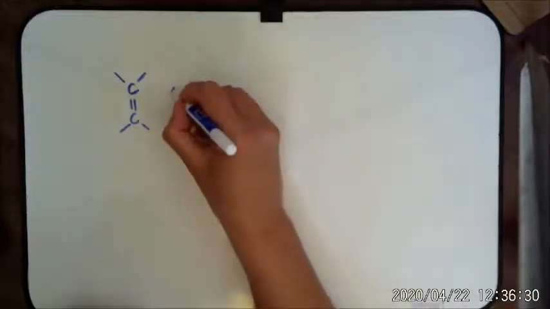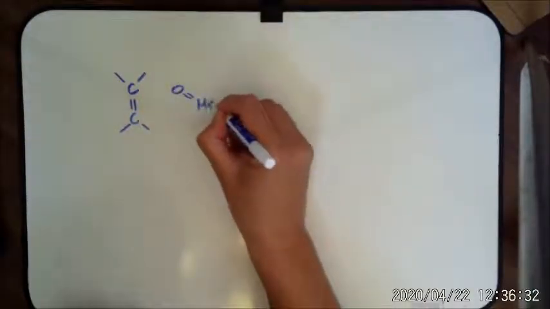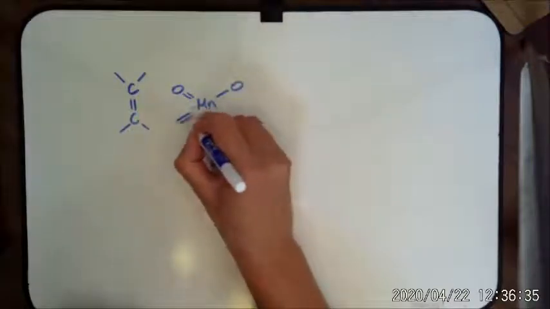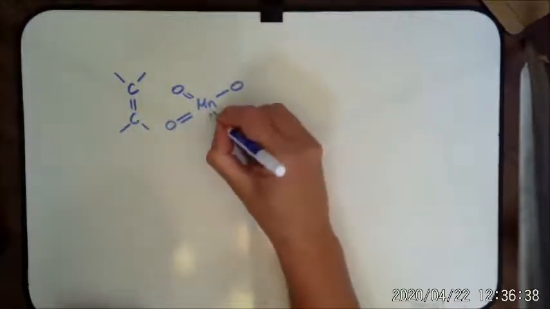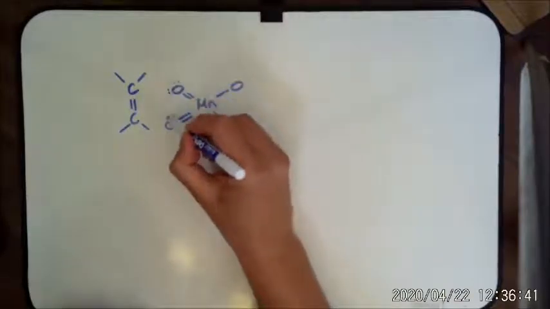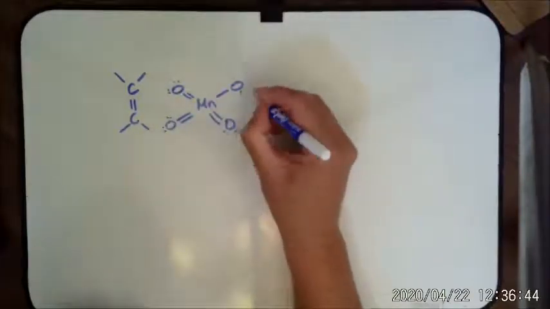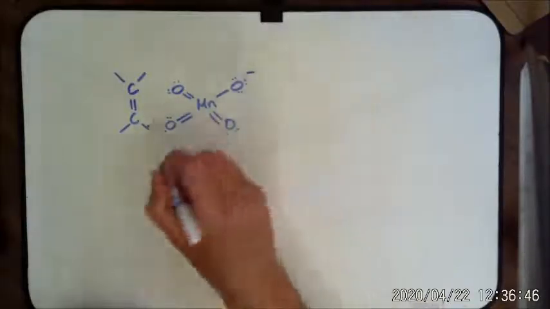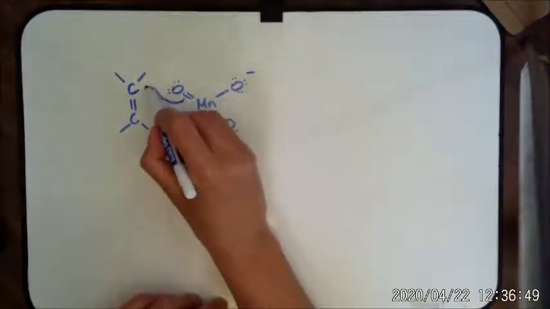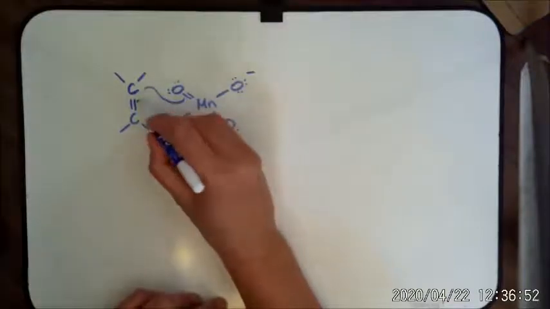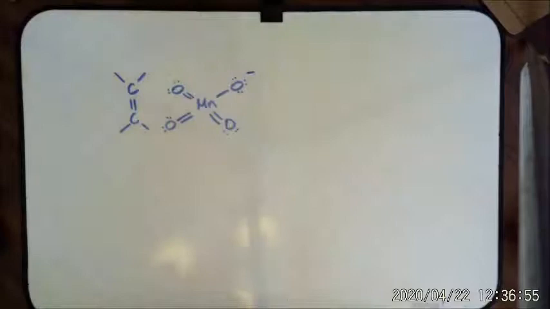Likewise, potassium permanganate works similarly. So with potassium permanganate, we'll start with the ester form. You have again your alkene, and then basically again, this, just with an orange, sorry.